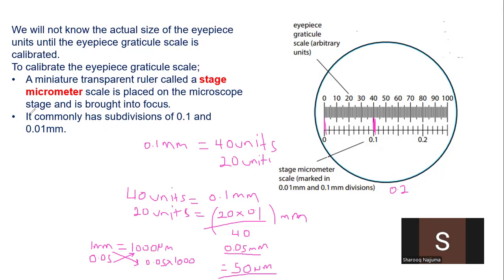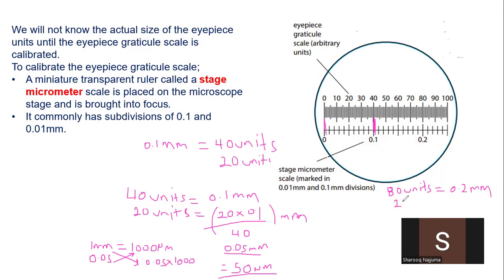Okay, let me start with the units since we are changing from units to millimeters. So you could write that 80 units are equivalent to 0.2 millimeters.